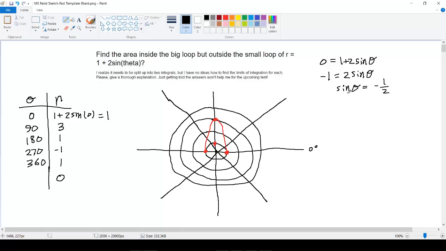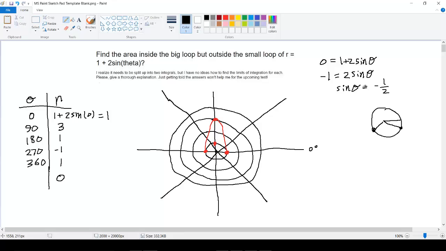And thinking about the unit circle, there's 2 locations where sine theta equals minus 1/2, right? If I had a unit circle here, it would be here and here, these 2 locations.